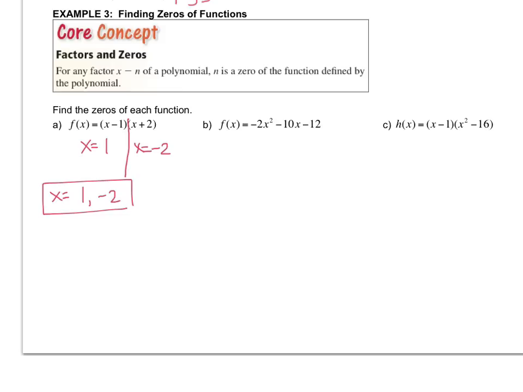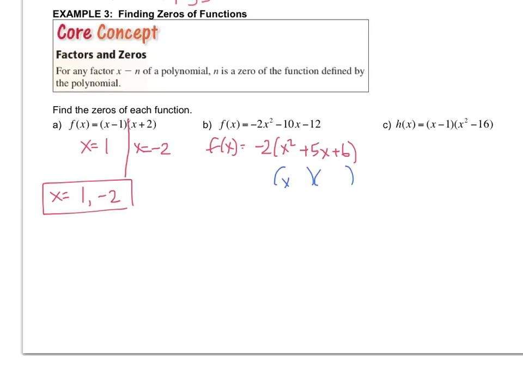Now, in order to do letter B, you have to actually factor it. So, first thing is you always look for a GCF. So, I will pull out a negative 2, and I'm going to divide. I get plus 5x plus 6. So, I have to keep thinking what would be my pairs.